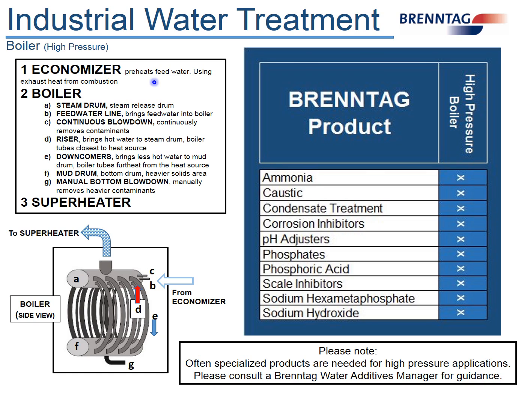This chart here outlines briefly many of the terms that are used throughout the high pressure boilers. Please note that you should always consult a water additives manager for guidance when recommending products for high pressure boilers.